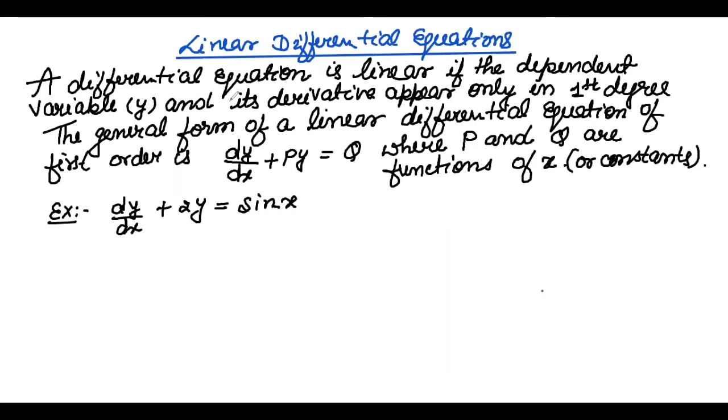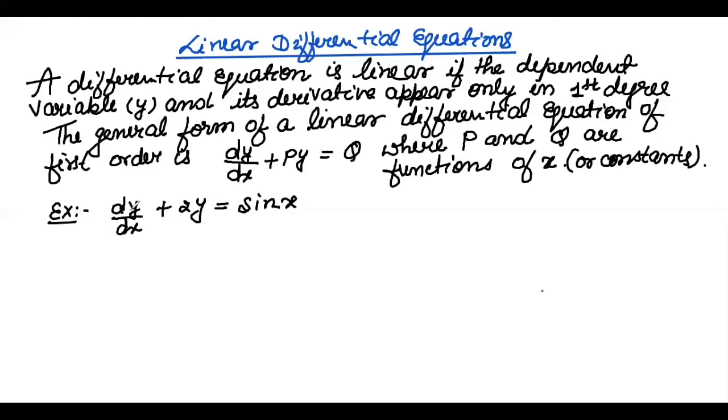So a differential equation is linear if the dependent variable, means y, and its derivative, means dy by dx, are with the first degree only. Means if a differential equation is written in this form, dy by dx plus py equals to q. You can see this is the derivative of y with respect to x, and here p into y equals to q, where p and q both are functions of x or constants.